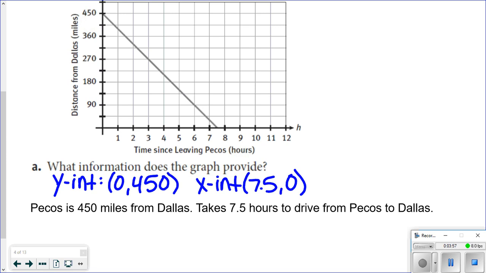What else do we notice? We notice that our line is decreasing. It's going down. So we have a negative slope.